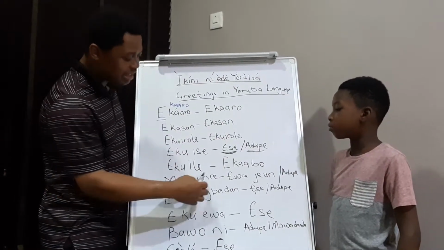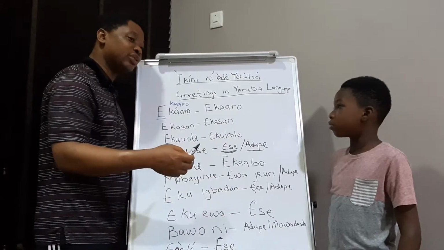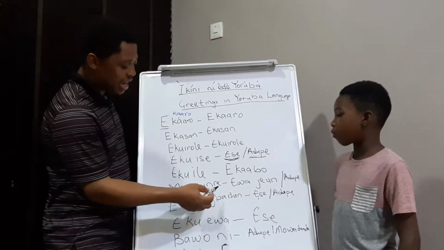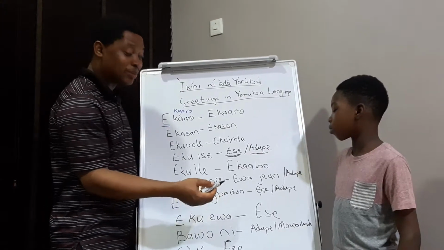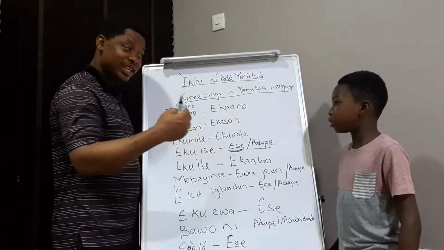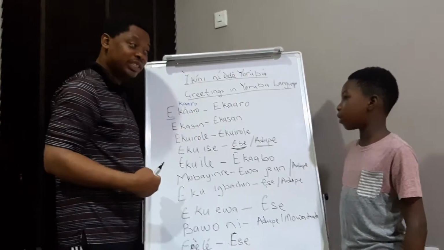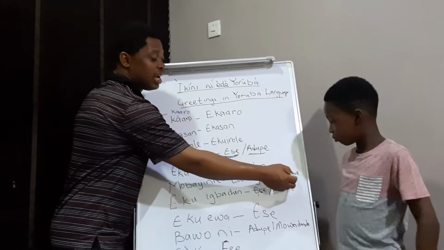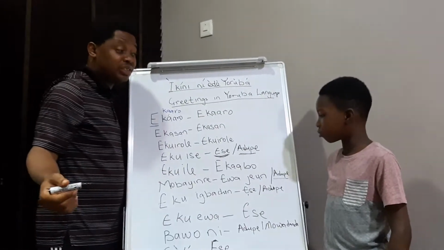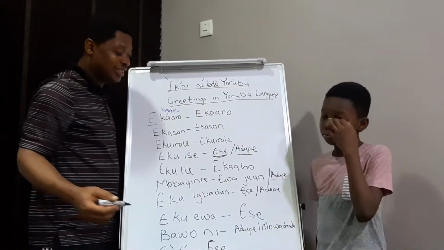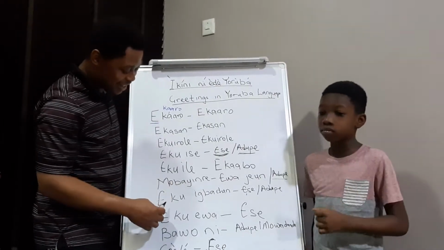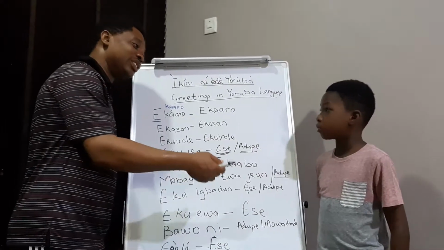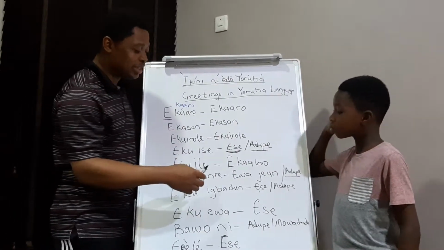Then mo bá yín ire. Don't forget, it is when someone is eating. You say mo bá yín ire. The person can respond as come and eat, which is ẹ wá jẹun, and the person can also say adúpẹ́ if he doesn't really want to join in. Then ẹ kú ìgbádùn, don't forget it is greeting someone enjoying himself.